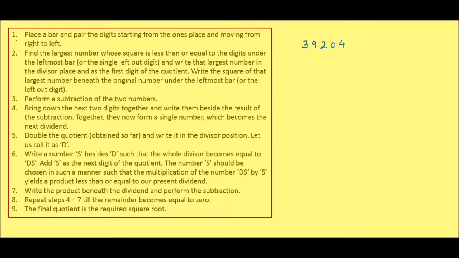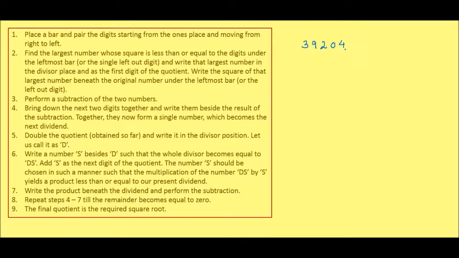Now the first rule says that place a bar and pair the digits starting from the ones place and moving from right to left. We'll be pairing the digits and putting a bar on top of each pair, starting from the ones place, which is this one, and moving from right to left.